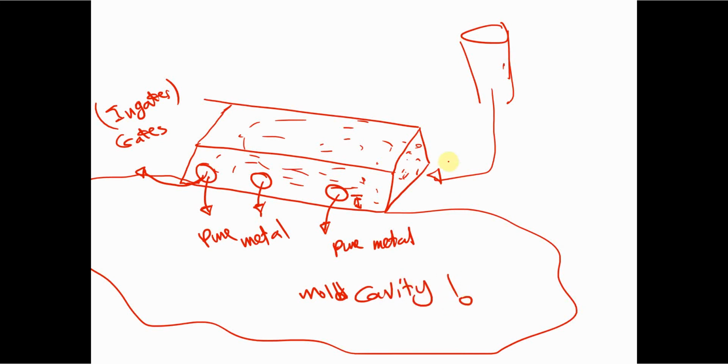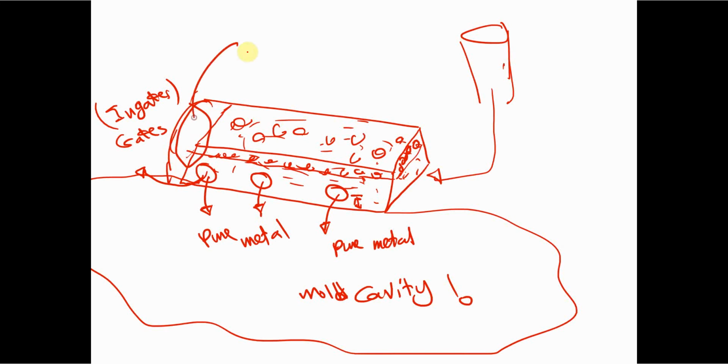Make sense? And how about the slag? The slag is going to be trapped on the top. Assume that all of this layer on the top here is just slag particles or dirt, and this dirt will be kept pushed and flowing till it is trapped and collected in the runner extension at the end.